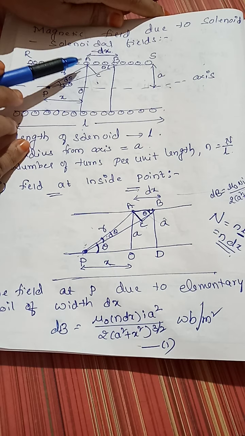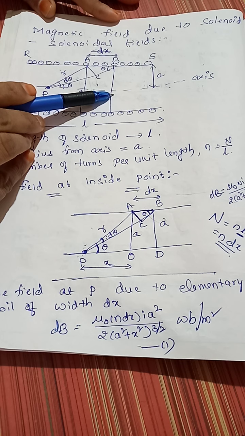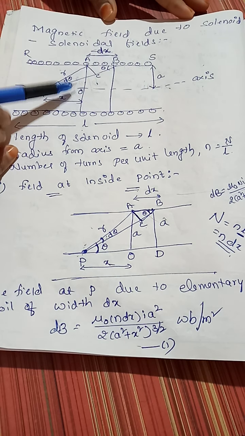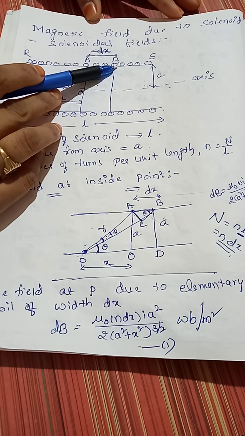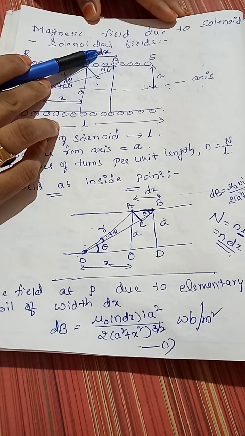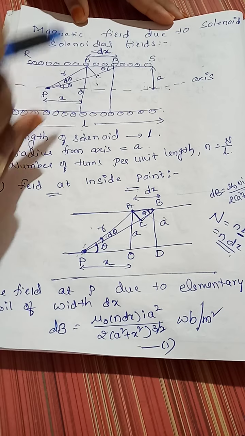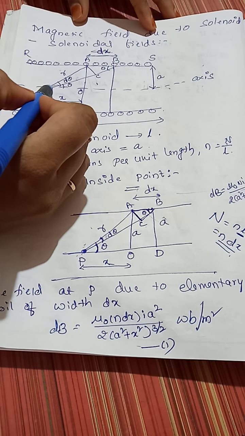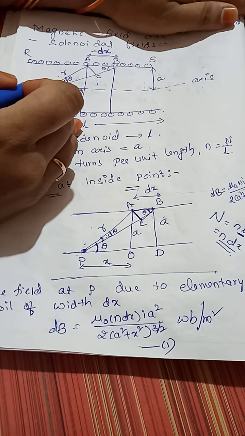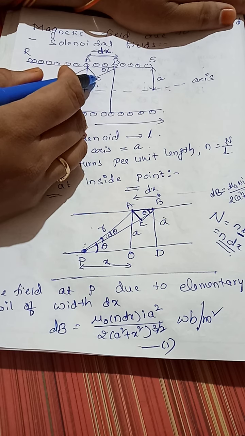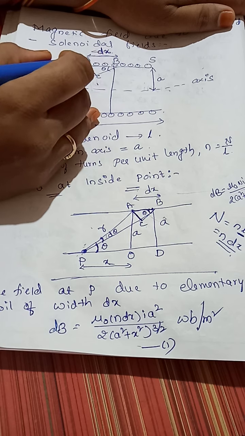For that we have to divide the solenoid into narrow equidistant parts. We divided the solenoid into narrow equidistant coils. So we are considering one such coil AB of width dx, which is at a distance x from point P. Now let us join P to A and P to B. Let PA be equal to R. In triangle PAC, we are dropping a perpendicular from A on line PB, that is AC.